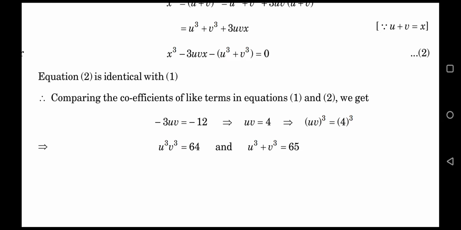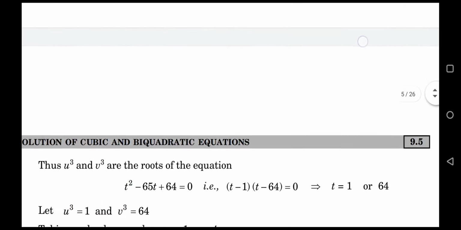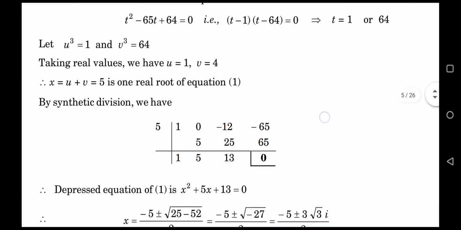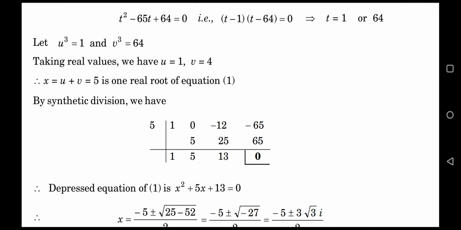By solving, t equals 64 and t equals 1. After putting the value of t, u cube equals 64, then u equals 4. Similarly, we can get the value of v. One pair of u and v is 4 and 1.